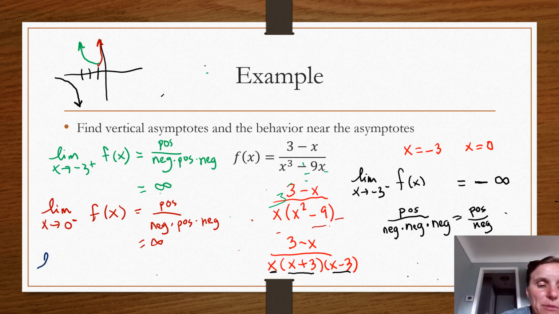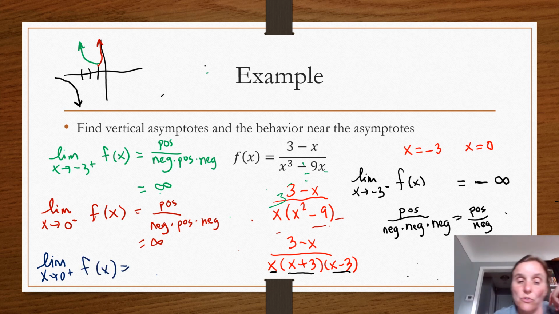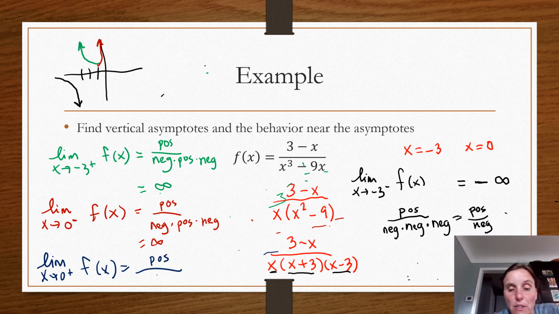And then the last thing I'm going to do is the limit as x approaches 0 from the positive direction. So there I have positive. This would be a positive, and then these would still be positive. So everything would be positive if I'm close to 0 in the positive direction.